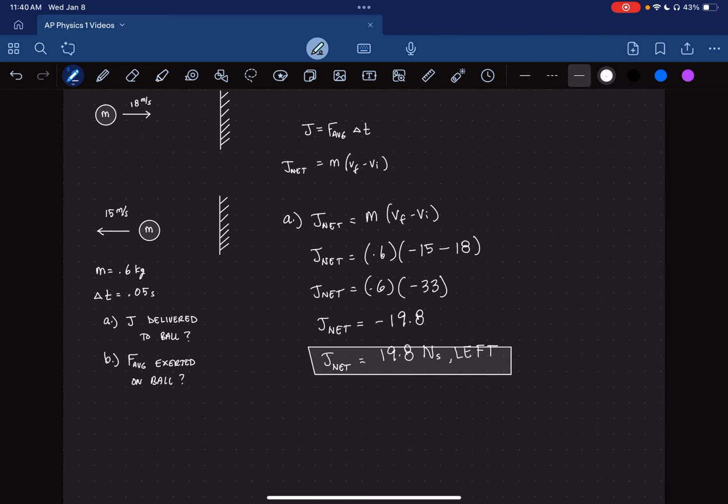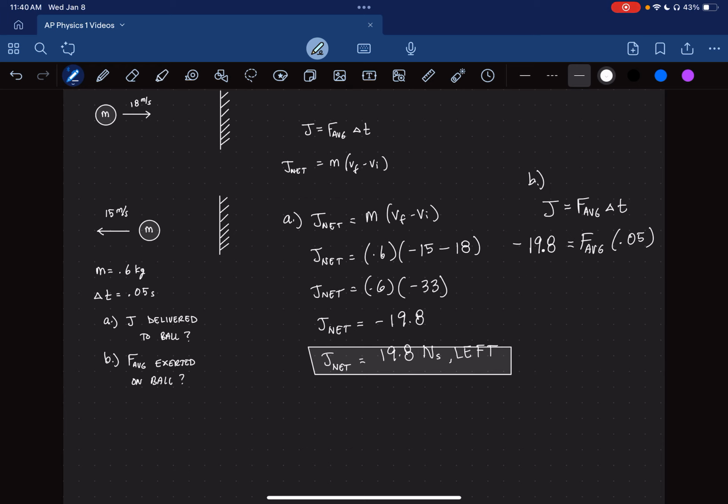Let's just do part B over here. What is the average force exerted on the ball? We'll use the other one. J is equal to F average times delta t. We know J, we know impulse, so we put in negative 19.8, divided by delta t, 0.05.